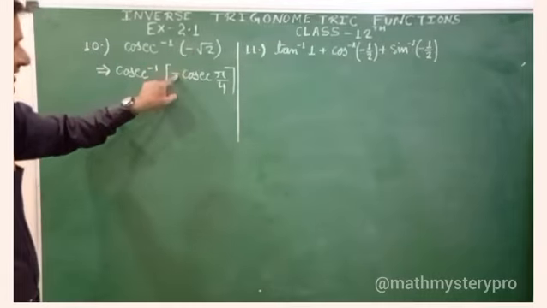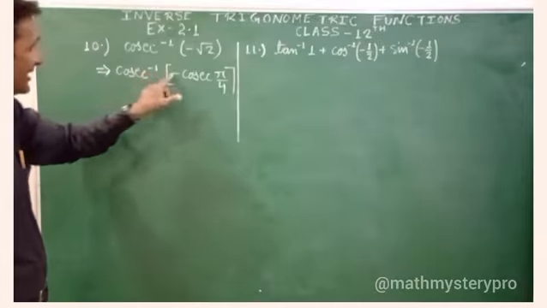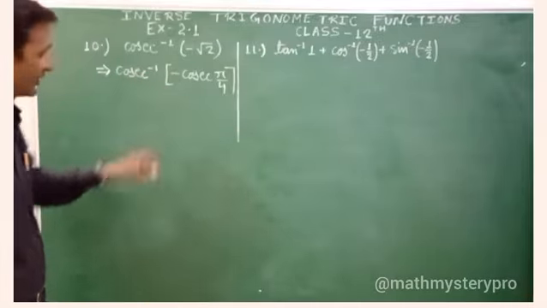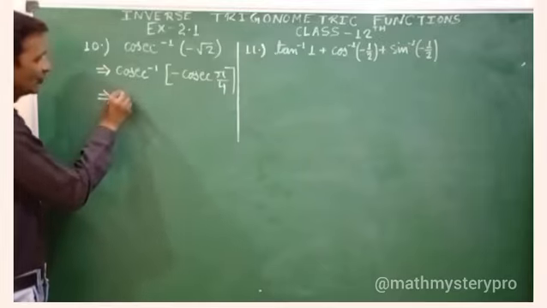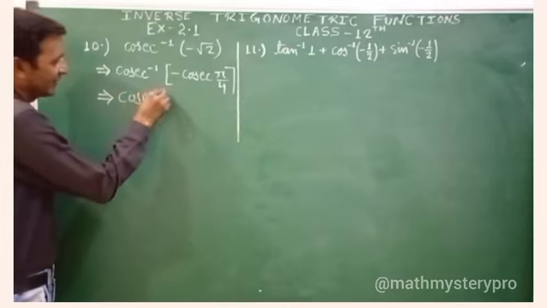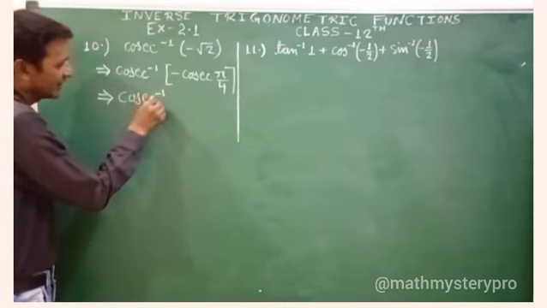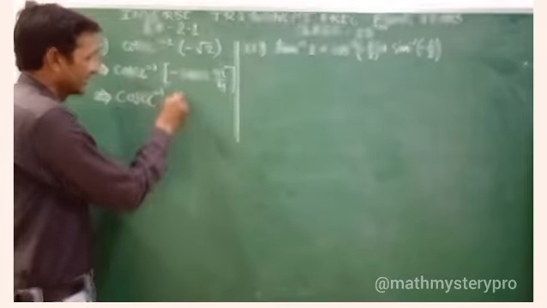Here it is a negative sign, that's why we have to put a negative sign, but there should not be a negative sign after any inverse function. So we will have to write it in this manner, that cosec minus theta is always equal to minus cosec theta.